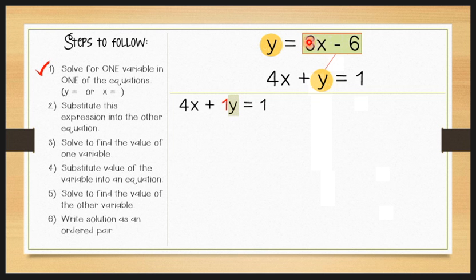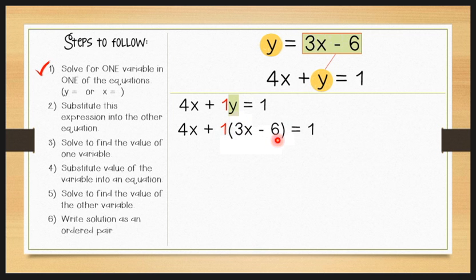Now we are going to substitute that expression that we have for y, that 3x minus 6, into the second equation in for y. The first part of the equation is going to stay the same. So we're going to have our 4x plus our y, with that coefficient of 1, and the y is now 3x minus 6.